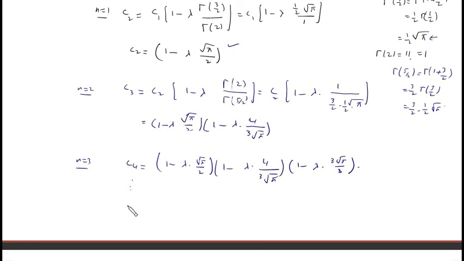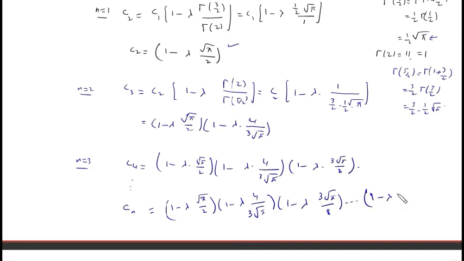So continuing this way, C_n becomes (1 minus lambda) square root of pi over 2 into (1 minus lambda) 4 over 3 times square root of pi into (1 minus lambda) 3 times square root of pi over 8, and so on up to (1 minus lambda) gamma of (n-1+2)/2 over gamma of (n-1+3)/2.